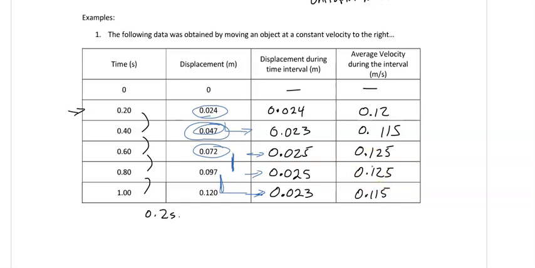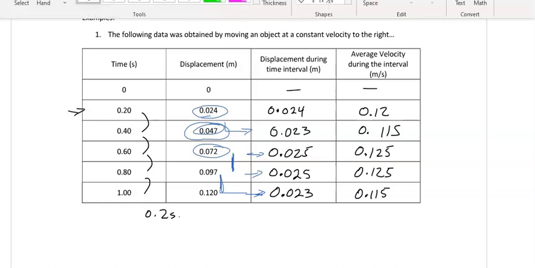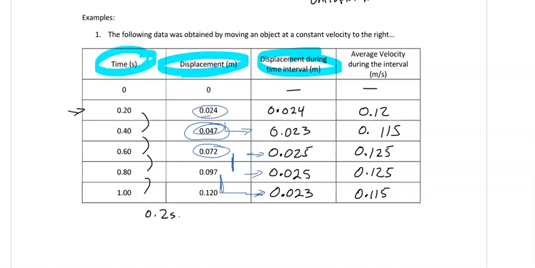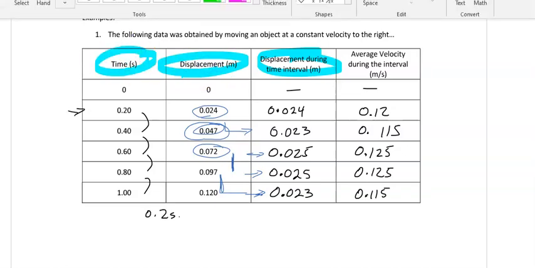However, we're going to be using this data to graph our next two graphs. The first one is going to be a displacement versus time graph. We'll be using this data and this data, not the displacement, right?